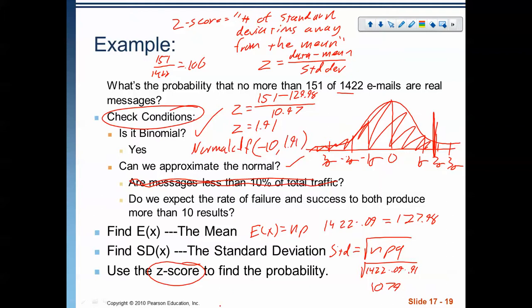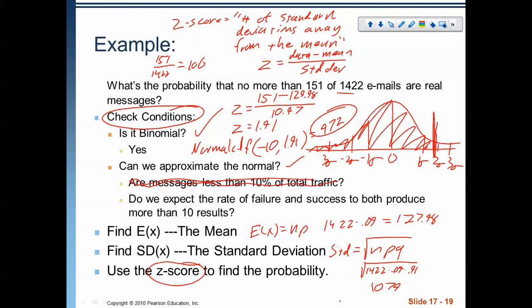That will be the probability. Normal CDF, -10 and 1.91. This is 0.972. So the probability that no more than 151 of 1,422 emails are real messages is 97.2%.